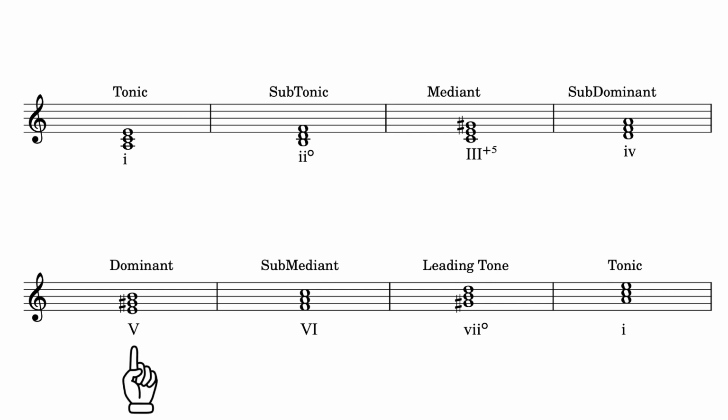And here the 5 is major. The 6 is also major. And then the 7th is diminished. And then we're back to the tonic. So just like the technical terms, Roman numerals reveal every note's position in the scale, with the tonic being 1.